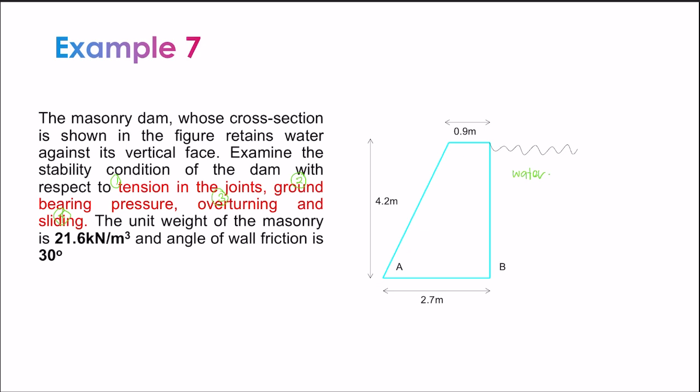And given the unit weight of masonry is 21.6 kN per meter cube, meaning this is the unit weight of the wall, and the angle of wall friction is 30 degrees, meaning this is delta.